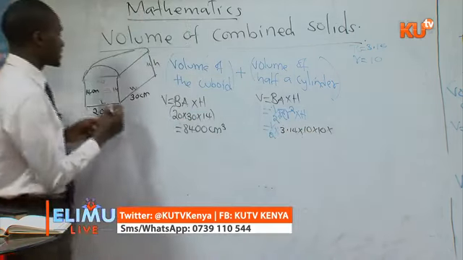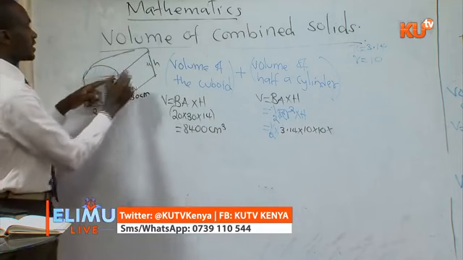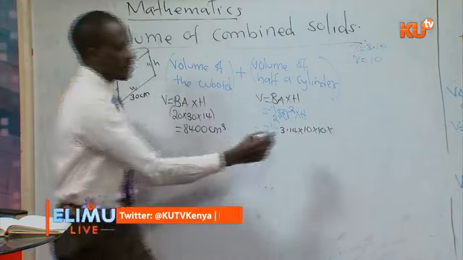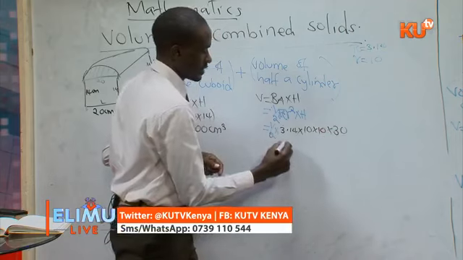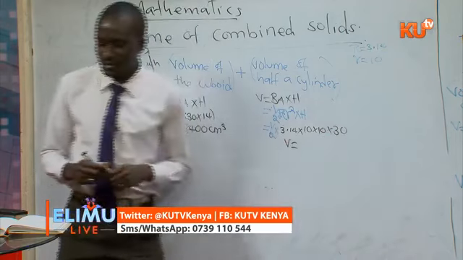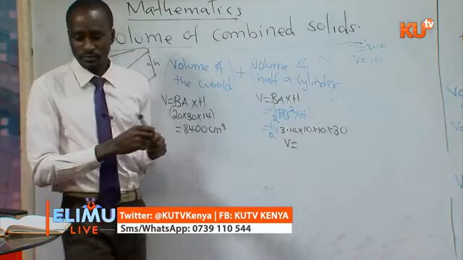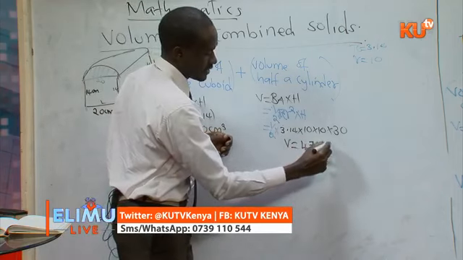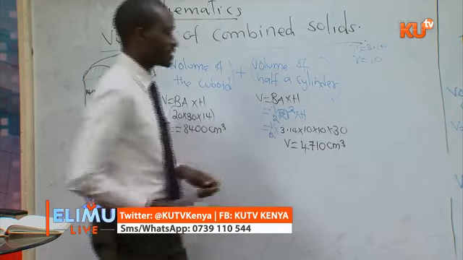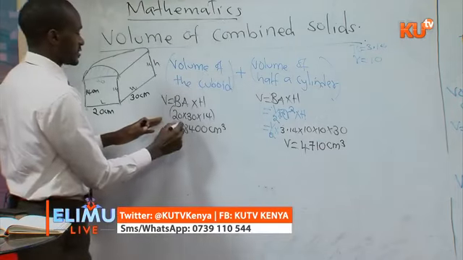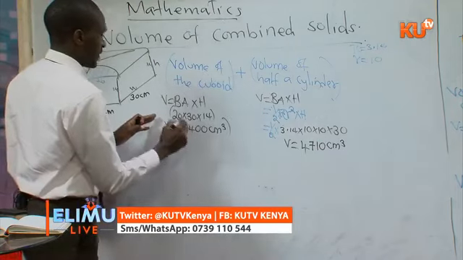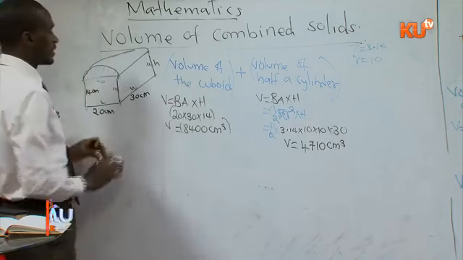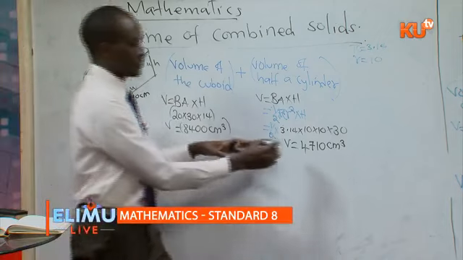Then what is our height? Our height is here to here, which is the same as here to here. That gives us 30. Now we have our volume as 4,710 cubic centimeter.